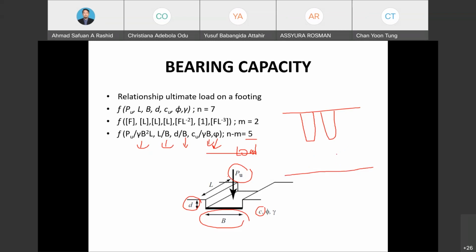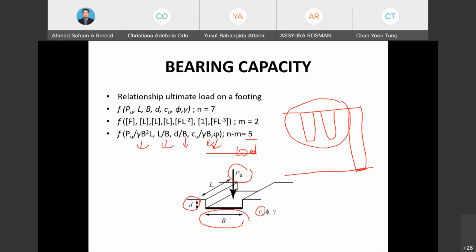Less study has been carried out on the floating type. Previously, most studies were on end bearing, where the bottom touches the hard layer. From this limitation, I carried out several studies, and I also used the dimensionless equation approach.